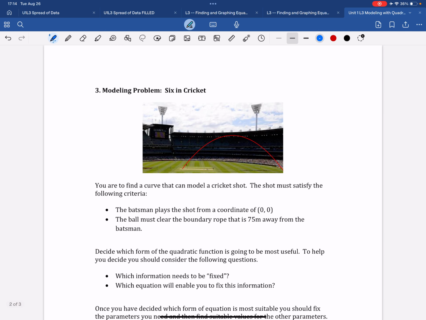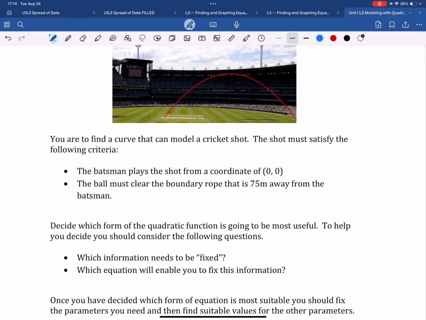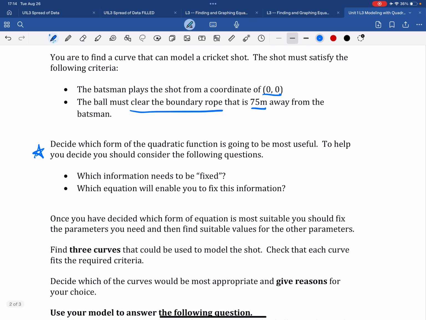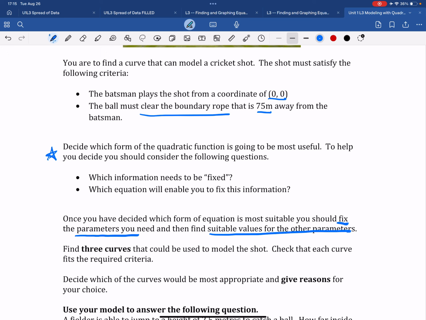Okay, secondly, same setup, right? You have some conditions. Okay, again, you answer this question, right? Which form is best for you? Why? And then find values that work for the equation.